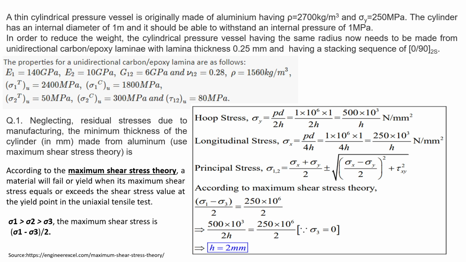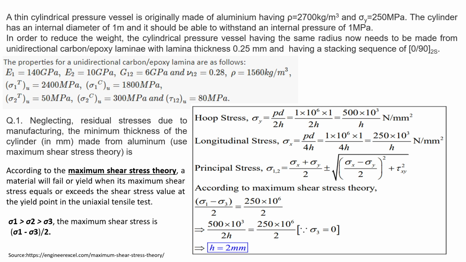Now the principal stresses, that is sigma 1 and 2, can be found by this equation using the longitudinal and hoop stresses. From that we got the value of sigma 1 as 250 into 10 to the power 6 and sigma 3 is equal to 0 because we are considering that in the z direction there will be no stresses.